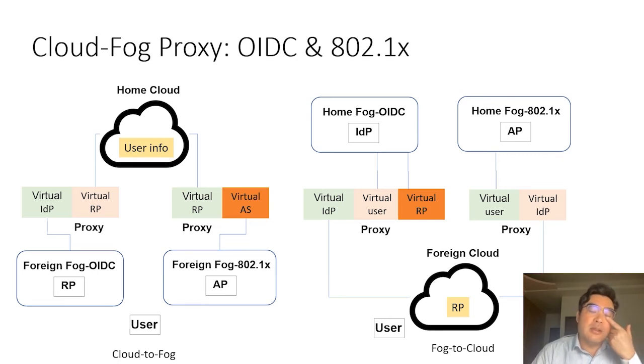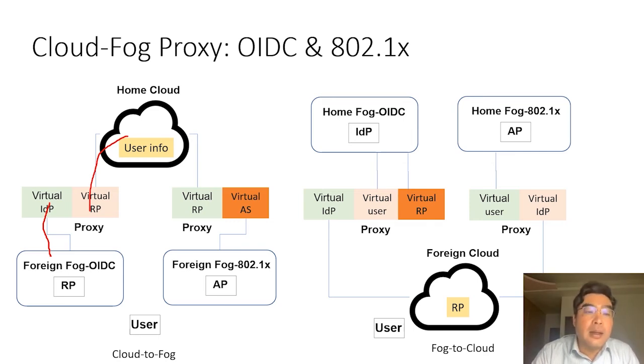So you can see here, I have a virtual ID provider and a virtual RP. Okay, and because both sides are OIDC, this one pretends to be this part, and this pretends to be this part. This pretends to be one of the protocol entities here, and this pretends to be a protocol entity here.